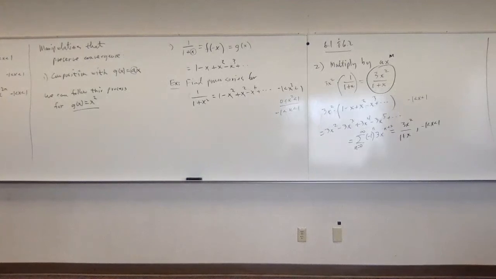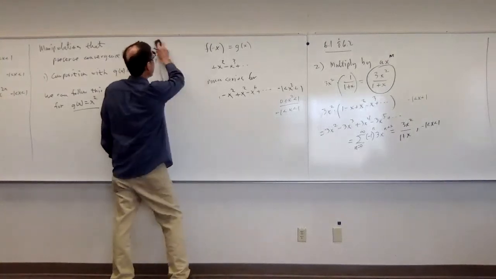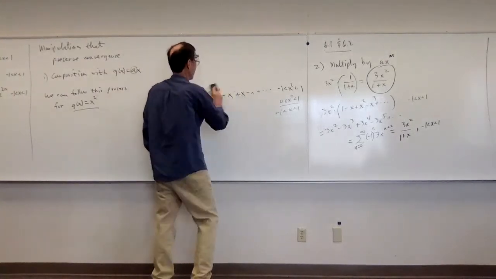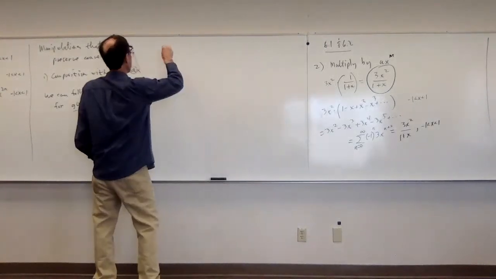Do you have a question? So isn't that one the derivative of the? It is amazing that you should say that. Manipulation number 3. I'm going to give you 3 and 4 at the same time because they're similar.